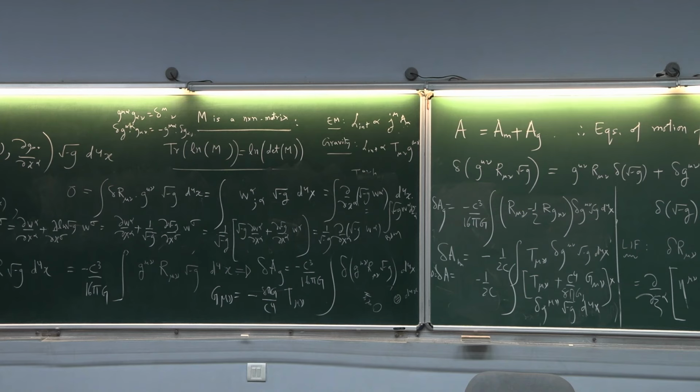So that was put in by hand. On the other hand, in Einstein's GR, nothing seems to be put in by hand. It's just sheer curvature of space-time and the beauty of using the local inertial frame ideas.